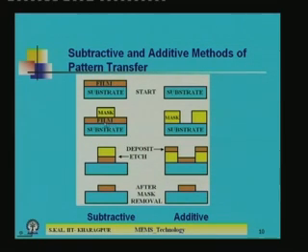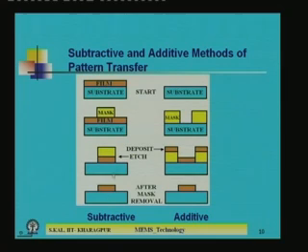The mask is a photoresist and the film is, for example, silicon dioxide. Now, with the mask, you can etch the silicon dioxide, then you can remove the photoresist, and you get the pattern. This is the silicon dioxide pattern.